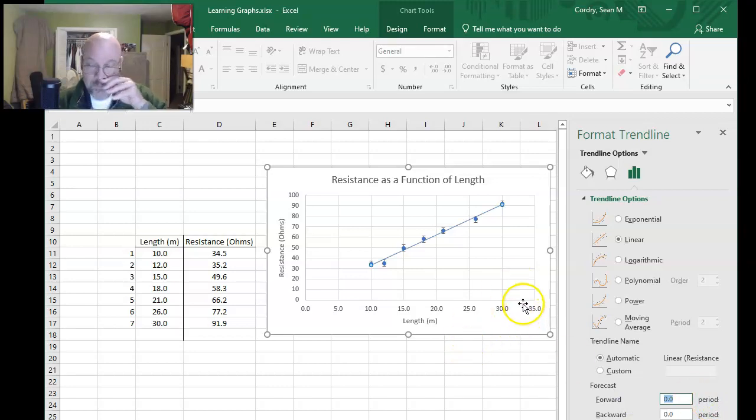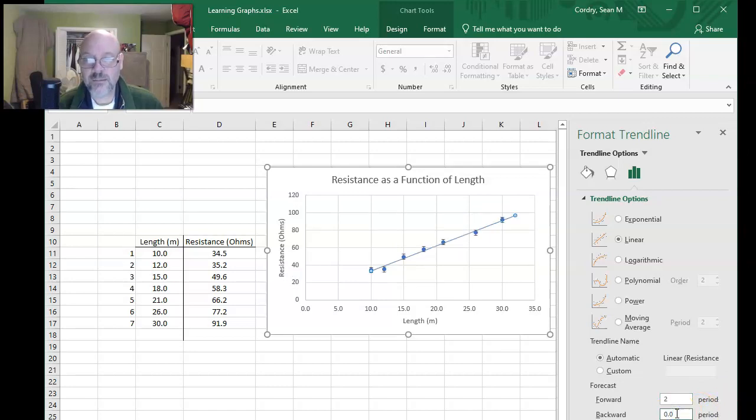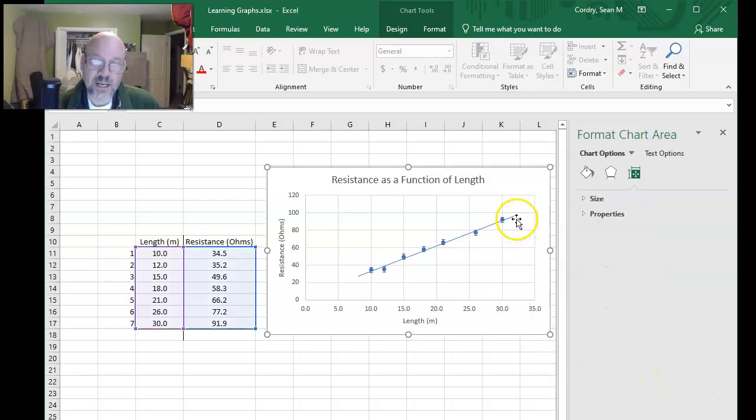I'm going to make it 2, and see if you can figure out what changed. Nothing yet. There. And we'll say 2 here also. Do you see what happened? Now my trend line extends a little bit beyond. That is a safer, clearer way to communicate to my audience that this is just a trend line. That's all it is. It's not data.